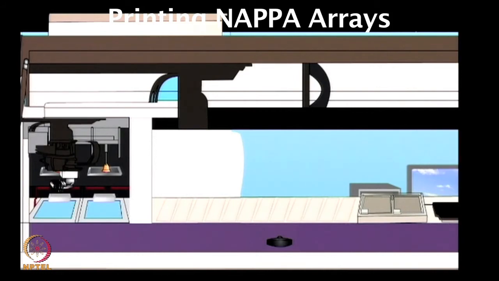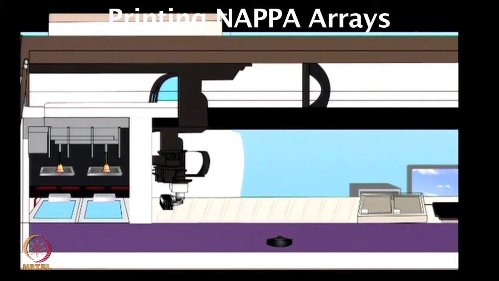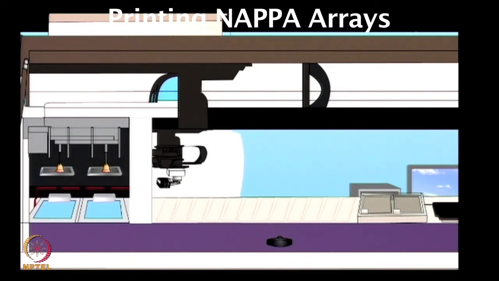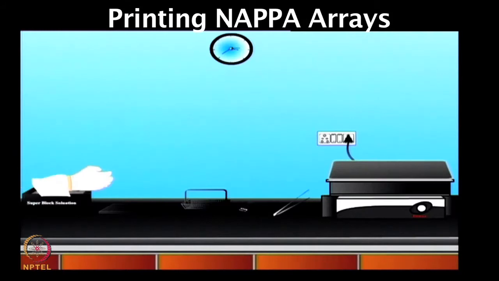One can use different types of pin heads and different types of microarrayers for printing the chip. Now, this master mix can be printed on the chip.